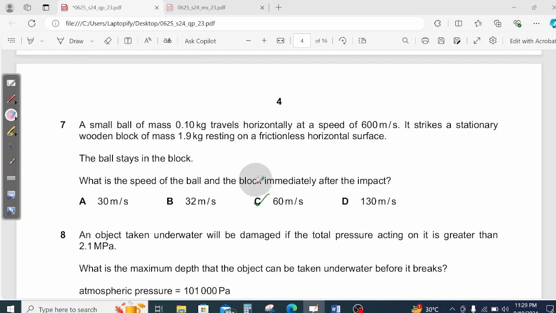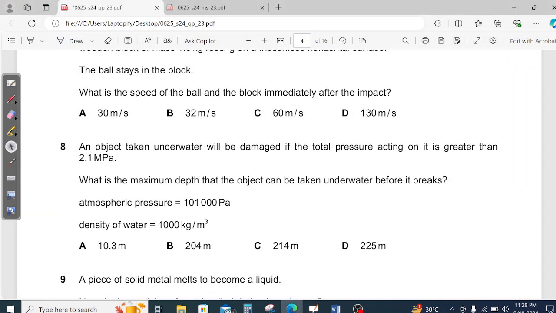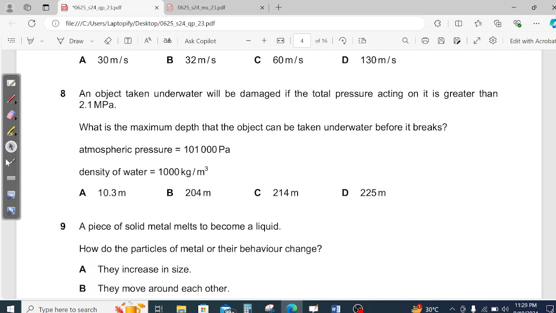Now question number 8 is, an object taken underwater will be damaged if the total pressure acting on it is greater than 2.1 megapascal. What is the maximum depth that the object can be taken underwater before it breaks? Atmospheric pressure is given, and the density of water is given.